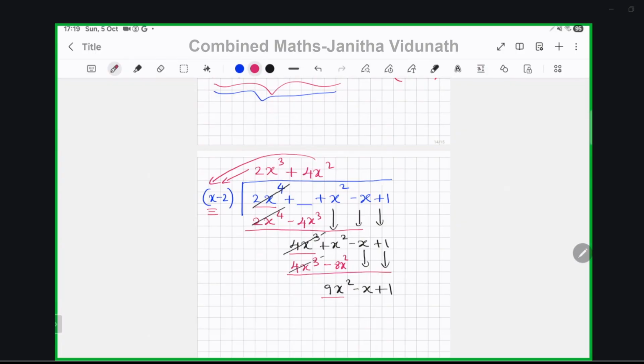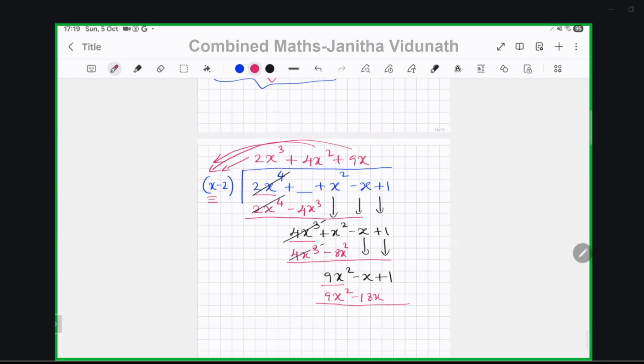Then it will give plus 9x. Then we need to multiply it with the entire divisor. Then it will give 9x square minus 18x. Then we need to subtract those two terms. Then 9x square cancels out. Then it will give 17x from here.